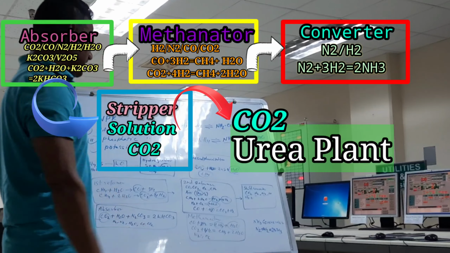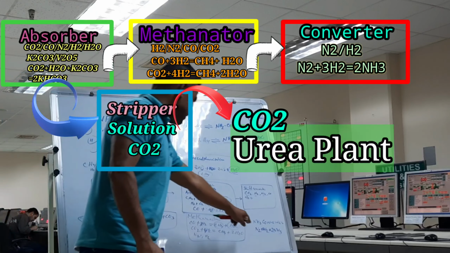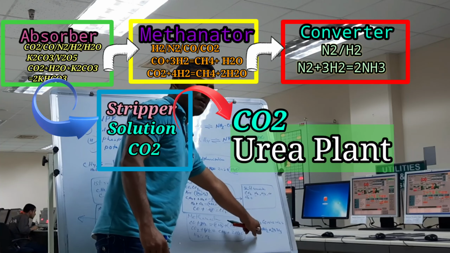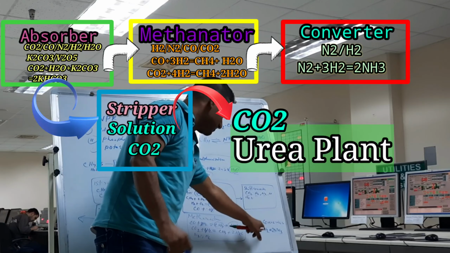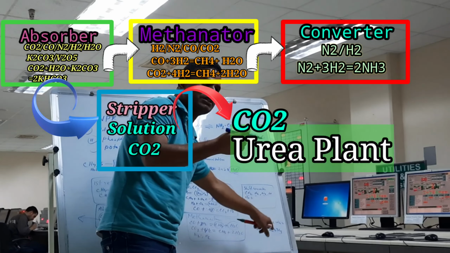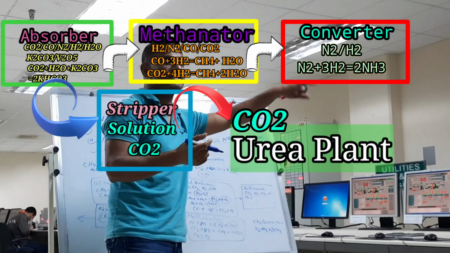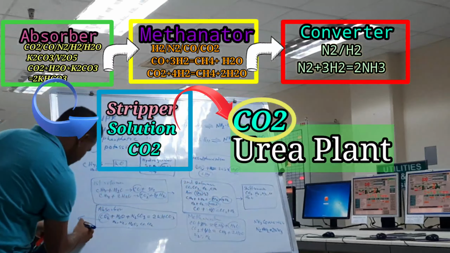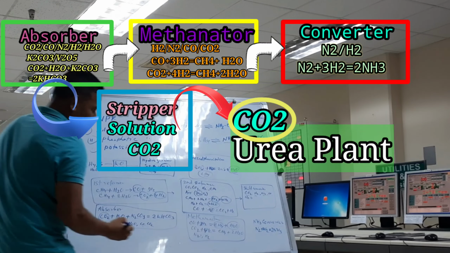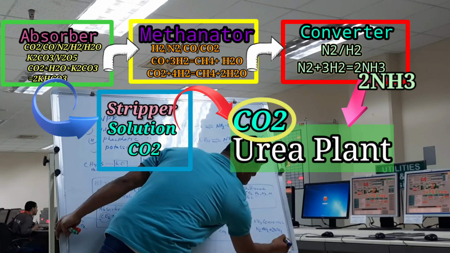Okay? So in the converter they create this ammonia, but it does not create much ammonia. So there is still some nitrogen, hydrogen. This nitrogen, hydrogen again goes to the synthesis system, and after that they will produce ammonia. So finally we get this CO2 from this side, and we get this ammonia from this side.